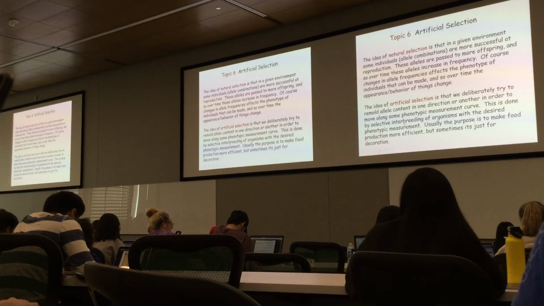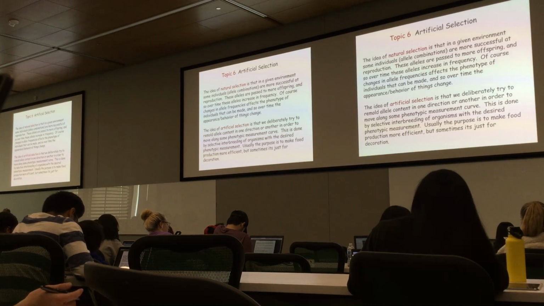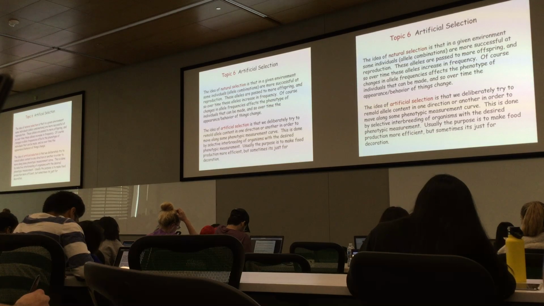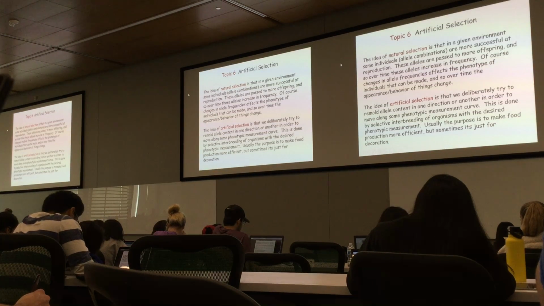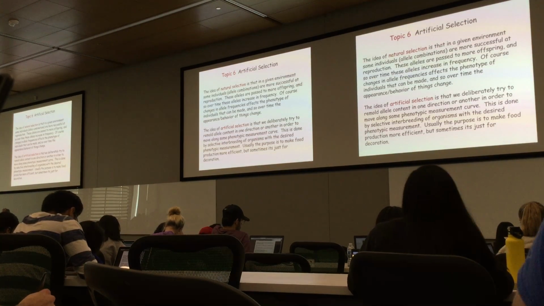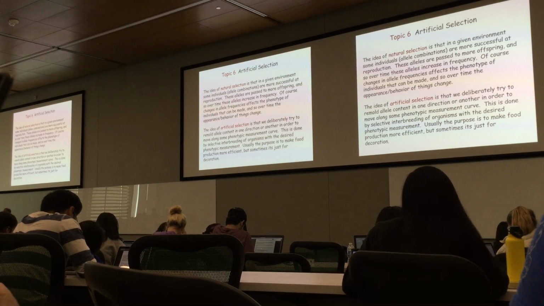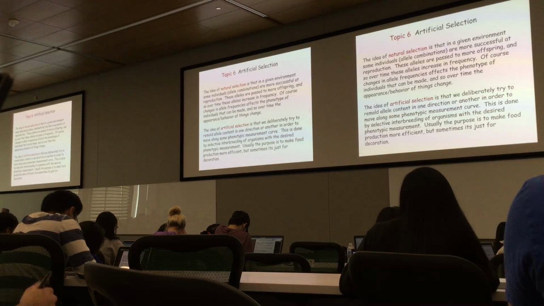Okay, so artificial selection, what is it? Well, let's contrast natural selection and artificial selection. The idea of natural selection, obviously, is that alleles get passed to offspring in a way that represents the fitness or the success of reproduction of the organism.